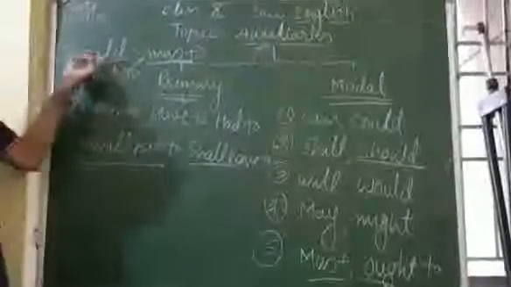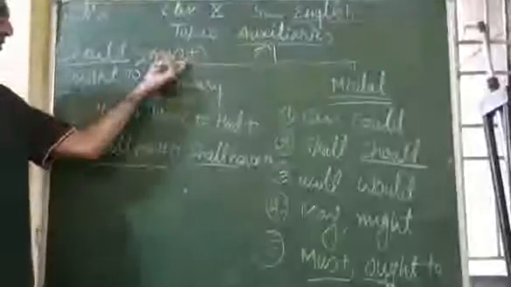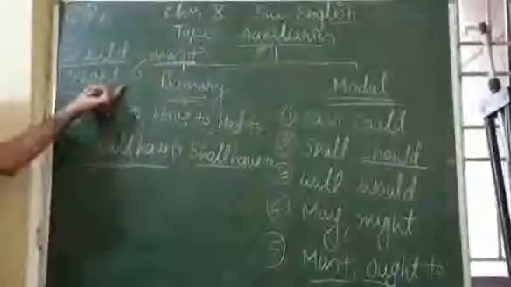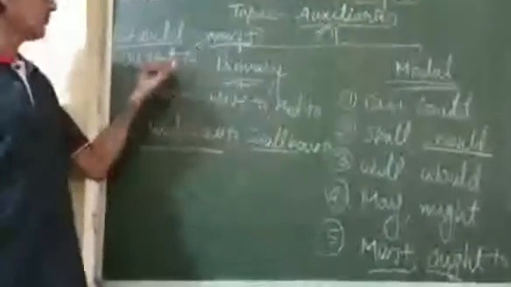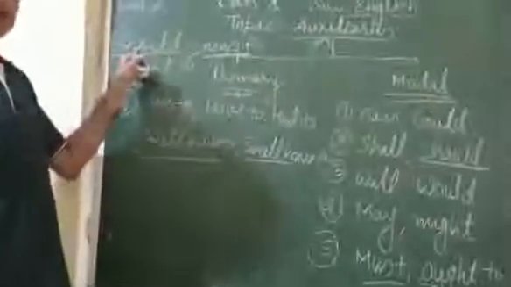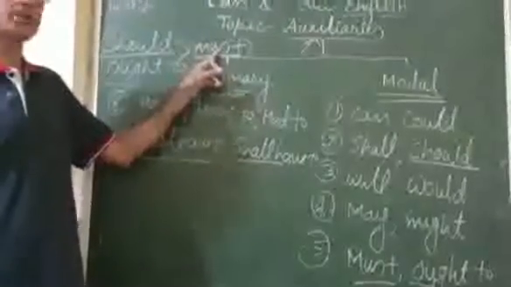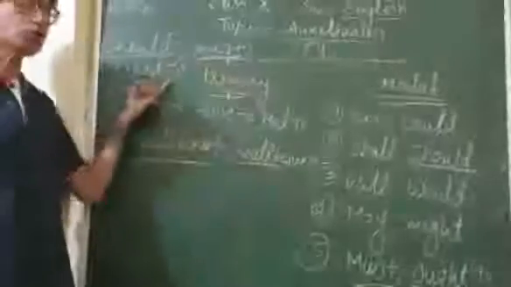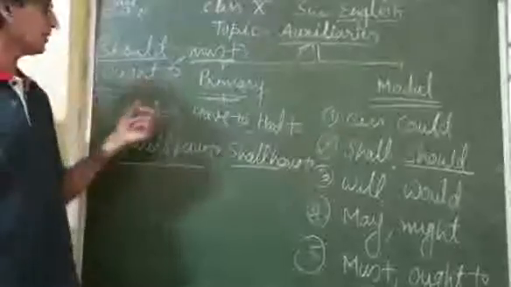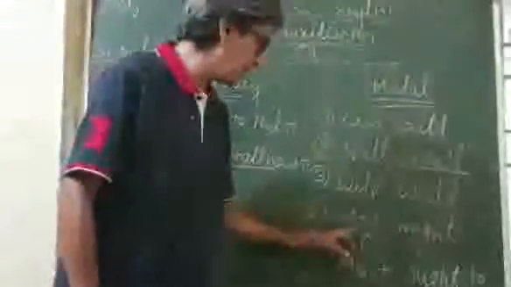General compulsion or general suggestion, mandatory compulsion or suggestion, and moral compulsion or suggestion. So, this is the category which depicts the compulsion, suggestion, advice. Should is for general advice, must for mandatory advice, and ought to is used for moral suggestion, moral compulsion. Okay.